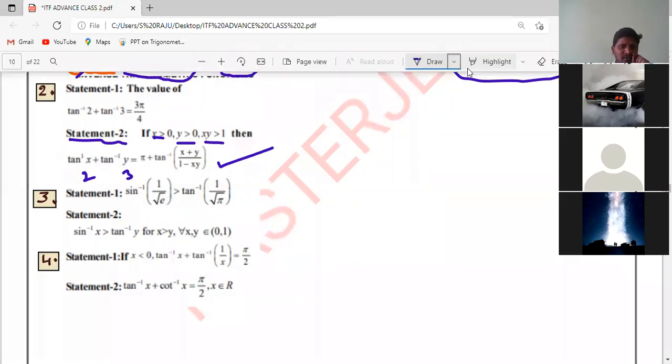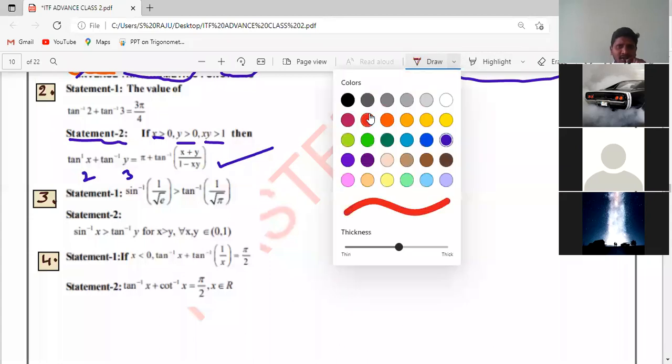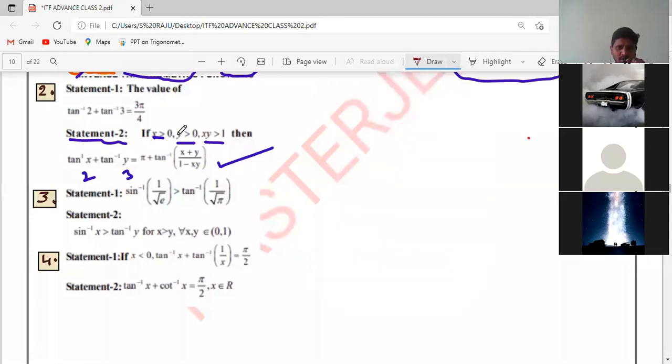It is a direct property. It is the correct property they have given. With the help of this right property, let us check here. When I take x equal to 2 and y equal to 3, whether we are going to get LHS equal to RHS or not. Let us see whether statement 2 is the correct explanation of statement 1 or not.